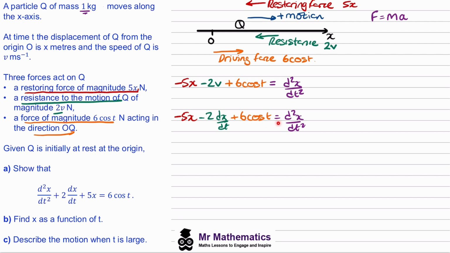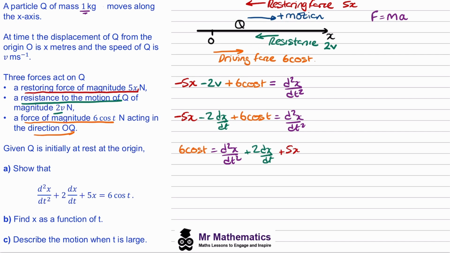So now to make this look like the equation we have here, we'll move all the x terms to the right-hand side. So we'll have 6 cos t equals d squared x over dt squared plus 2 dx over dt plus the 5x. And that's what we're asked to show here. So this is how you set up your differential equation by resolving each of these forces.